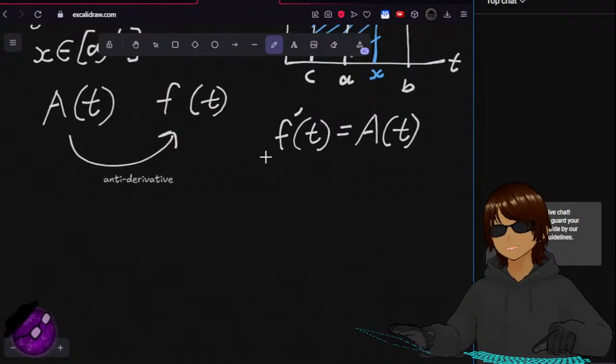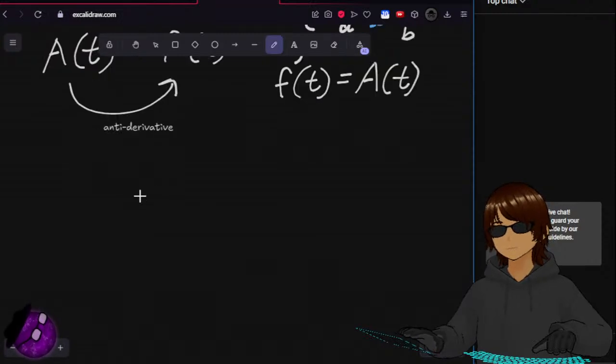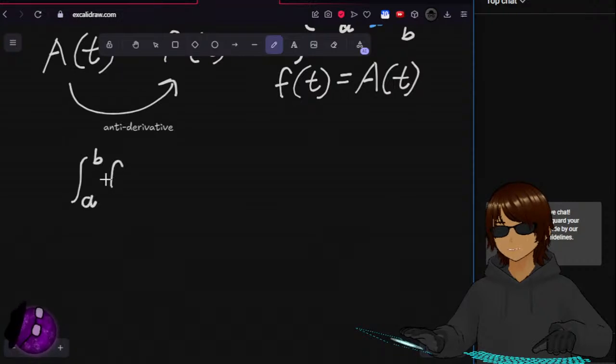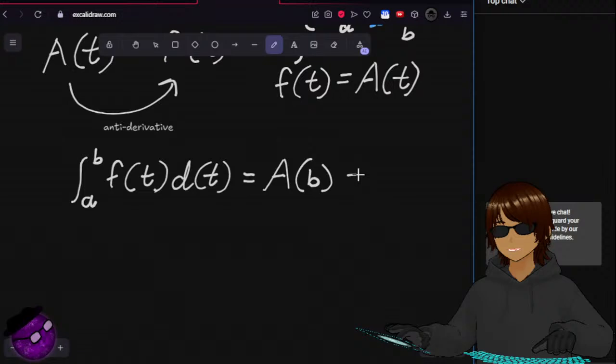So the second fundamental theorem of calculus is that this area, the integral from a to b of f of t dt, is equal to the antiderivative at b minus the antiderivative at a.